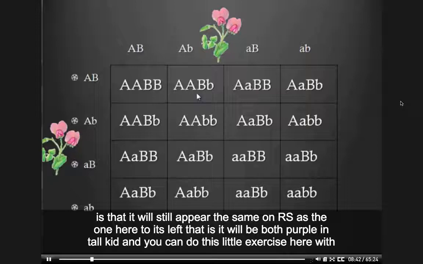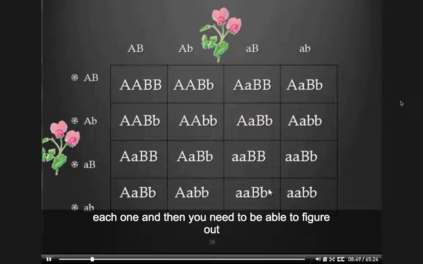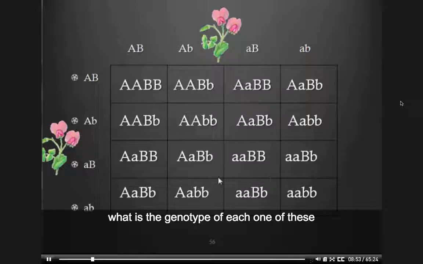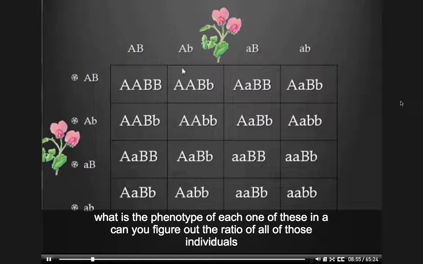That is, it will be both purple and tall. Okay? And you can do this little exercise here with each one, and then you need to be able to figure out what is the genotype of each one of these, what is the phenotype of each one of these, and then can you figure out the ratio of all of those individuals?